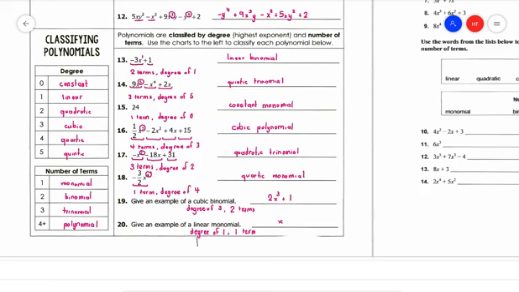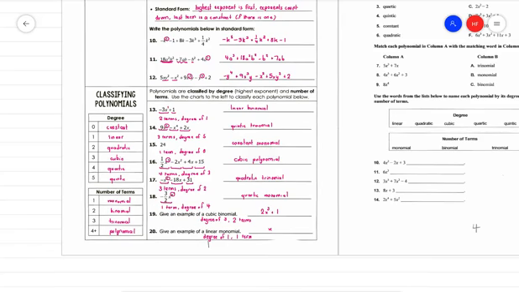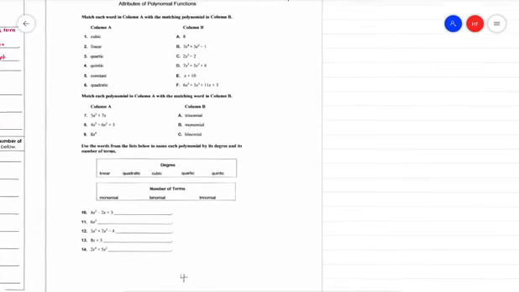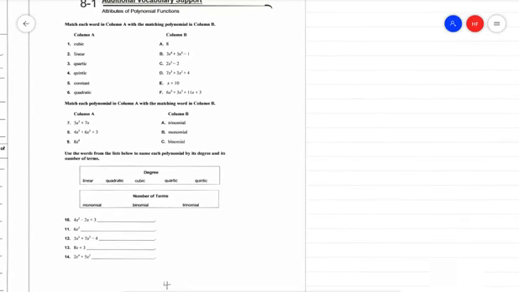Then for your homework is this next page, which looks like a lot, but it is not, because this first section is just matching. You match column A to column B. Second section, matching again, column A to column B. In the first one, they are going by the degrees, and in the second one, they're going by the number of terms.